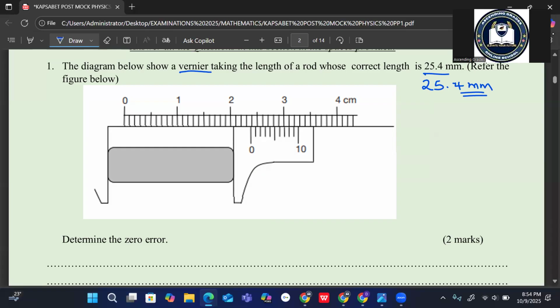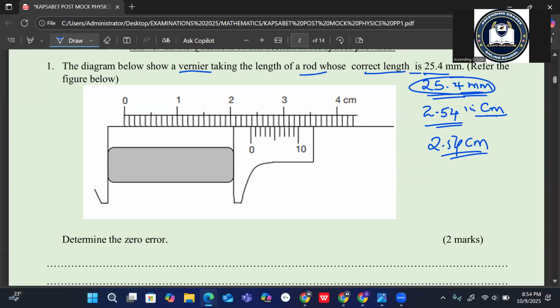We know that a vernier caliper gives readings in centimeters. So the first thing, we convert 25.4 into centimeters by dividing by 10, and this becomes 2.54 centimeters, the correct length of the rod.